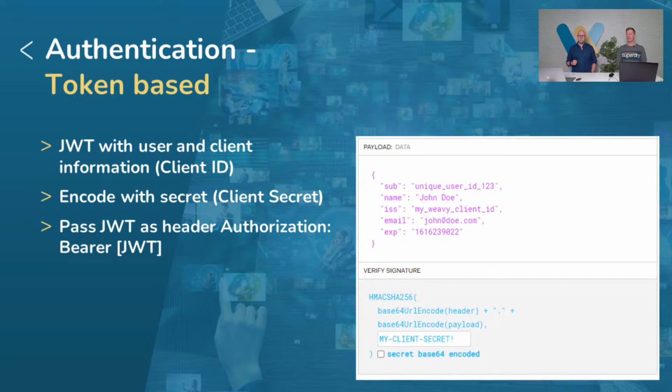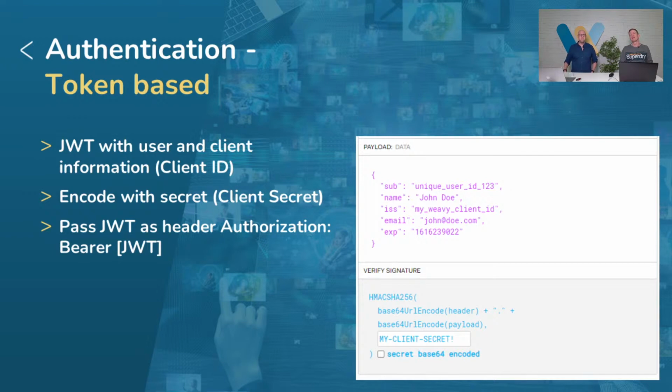It's token-based and cookie-based. Token-based authentication is when you create a JWT, a token that consists of the user information, or user claims actually, like username, name, email, and so on. More importantly, it also contains the Weavy authentication client ID, which is something you create in your Weavy instance.